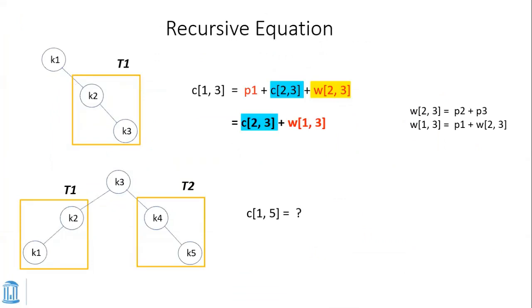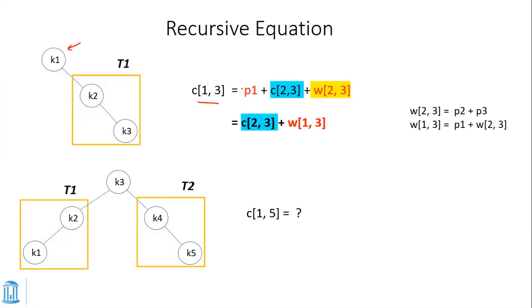Now, let's move forward from there and try to generalize this to see whether we can get a more general equation. The first thing I'm going to do is represent this earlier equation, which said that the cost of 1 to 3 is the cost of P1, the probability that you search for key K1, plus the cost of the substructure 2, 3, plus the weight 2, 3.